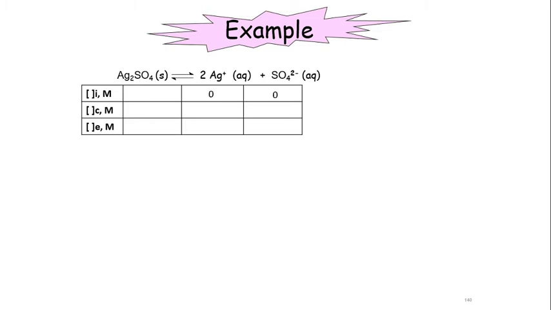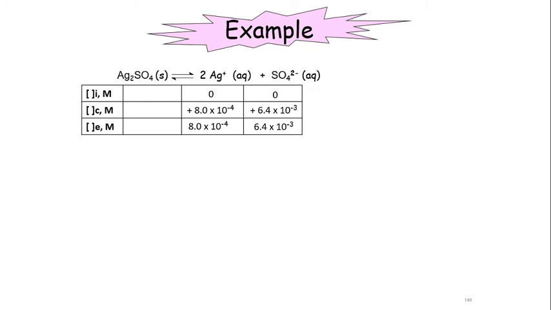And then for Ag+, 8 times 10 to the power of negative 4 from AgNO3 and 6.4 times 10 to the power of negative 3 for SO4 2- from K2SO4. And at equilibrium, the concentration for Ag+ and SO4 2- is as shown in the video.